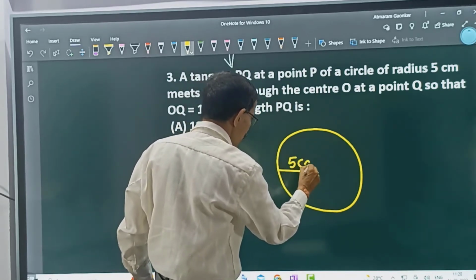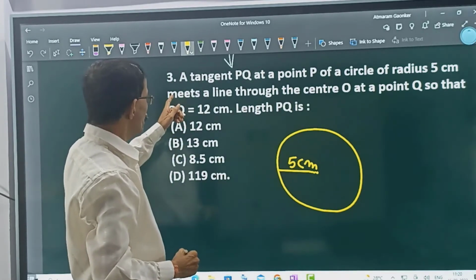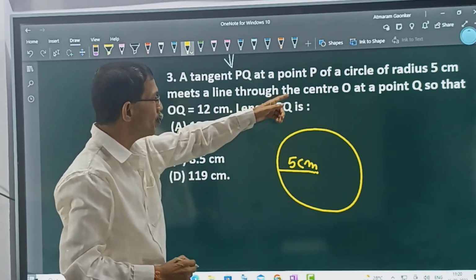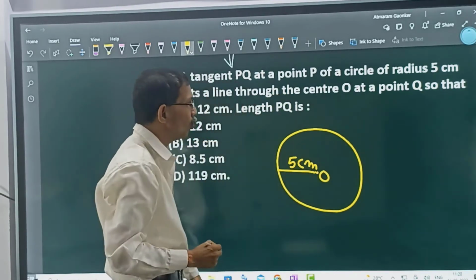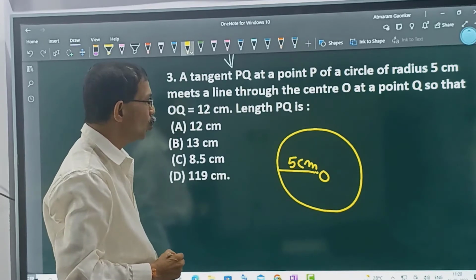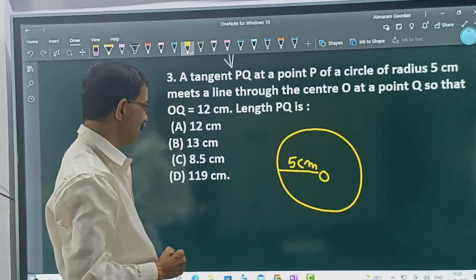So this is 5 centimeters. Meets a line through the center O. So the center given is O, at a point Q such that OQ is equal to 12 centimeters.